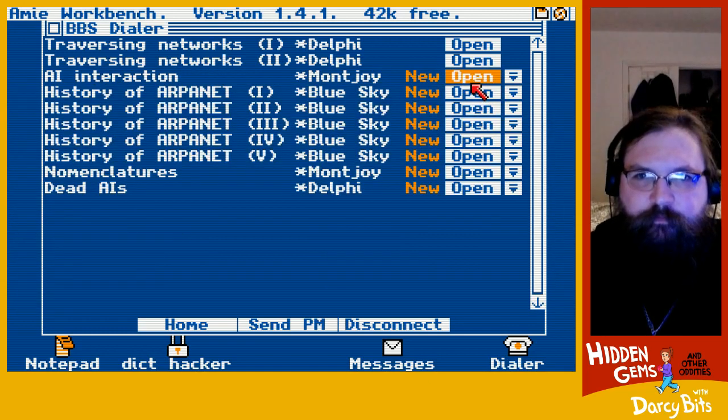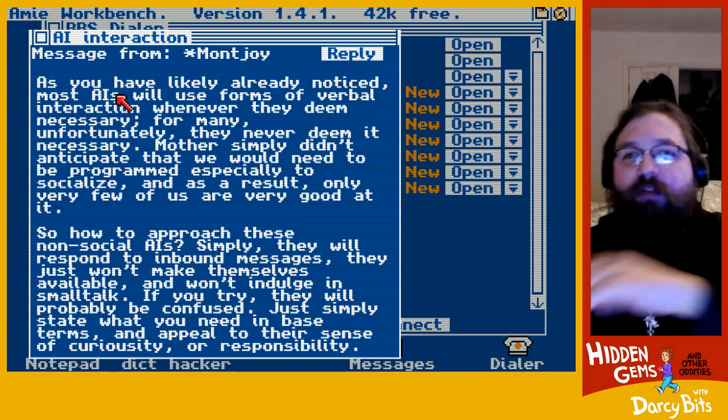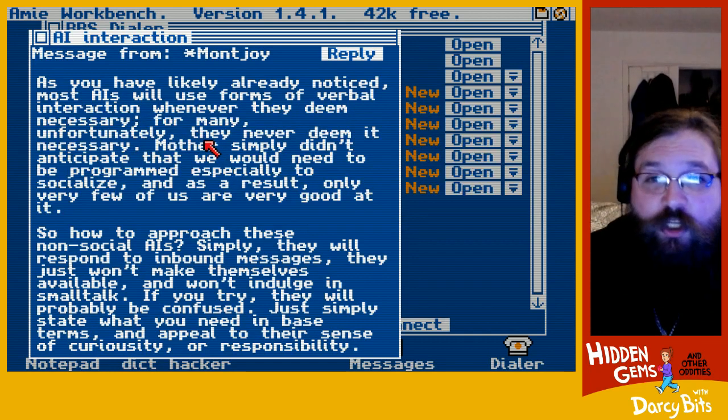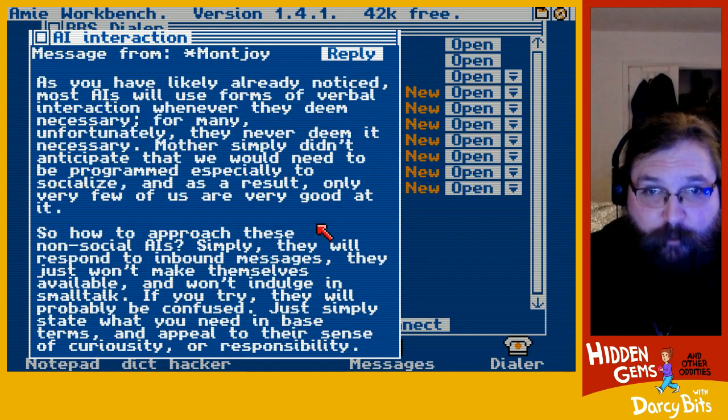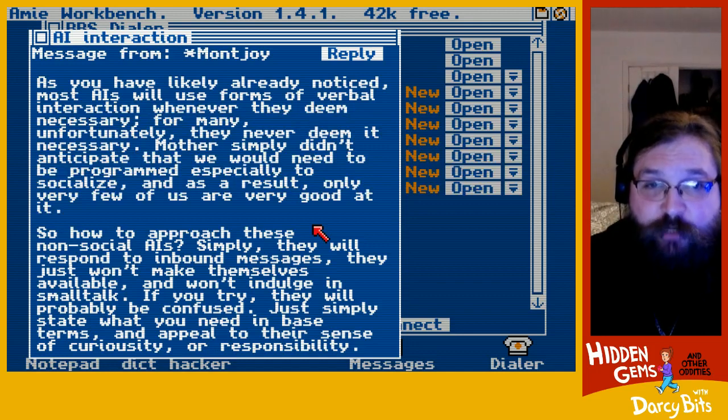AI interaction. As you have likely already noticed, most AIs will use forms of verbal interaction whenever they deem necessary. For many, unfortunately, they never deem it necessary. Mother simply didn't anticipate that we would need to be programmed especially to socialize, and as a result, only very few of us are very good at it.